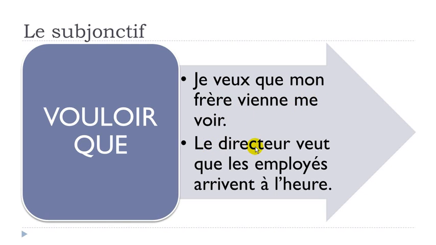And then, le directeur veut que les employés arrivent à l'heure. So, le directeur, the director, veut que les employés, the employees, arrivent, to arrive, à l'heure, on time, okay? And in that case, arriver, to arrive, here, it's the subjunctive form, okay?